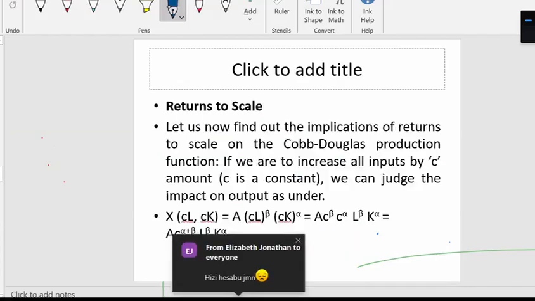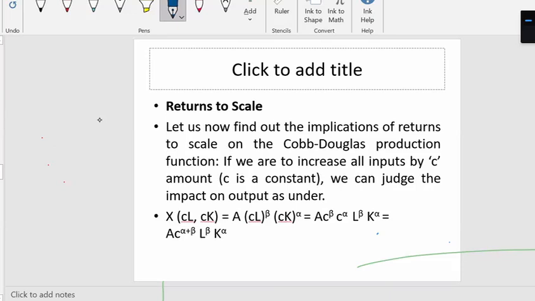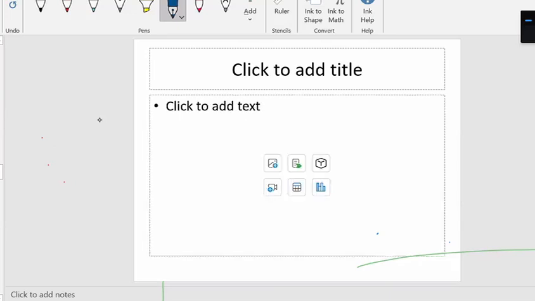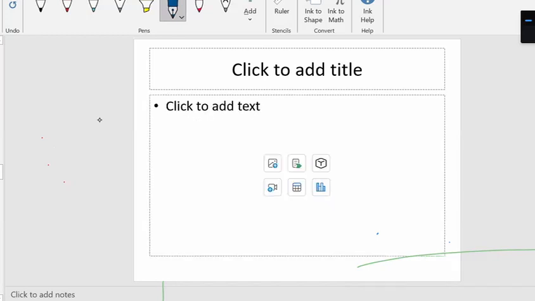Kuna vitu wanaita return to scale. Return to scale, mara nyingi tunaangalia ni kiwango cha nini? Let us now find out the implication of return to scale using the Cobb-Douglas production function. So, kabla sijaenda huko, take note of this. If alpha, we have three types of return to scale.